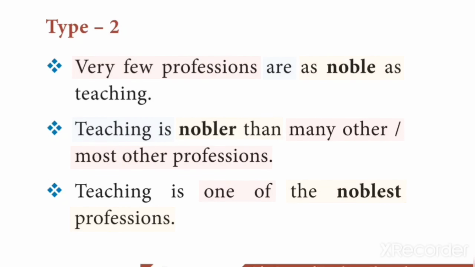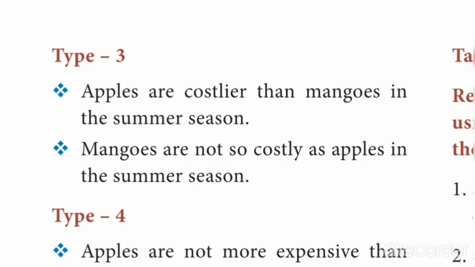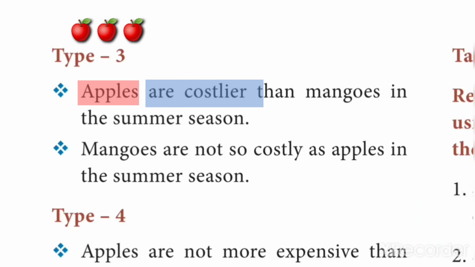Good. Let's move on. According to your book, type 3 is here. Apples are costlier than mangoes in summer season. Here we compare two different fruits, apples and mangoes.